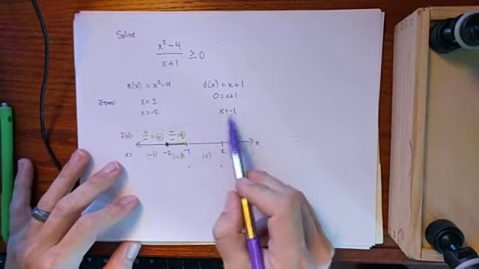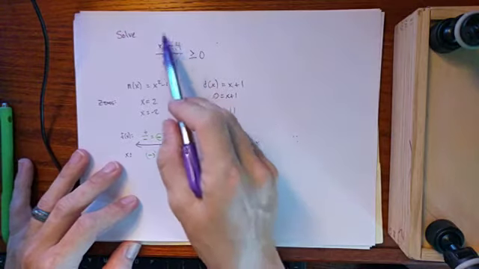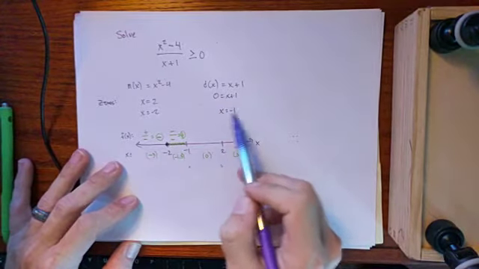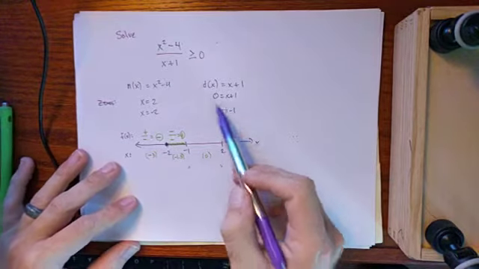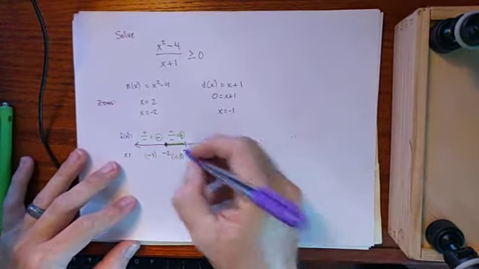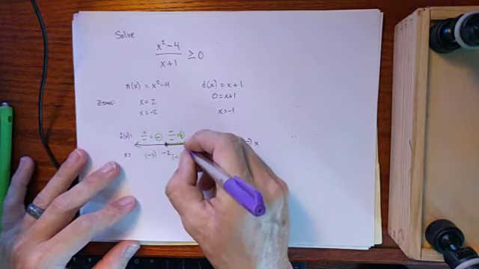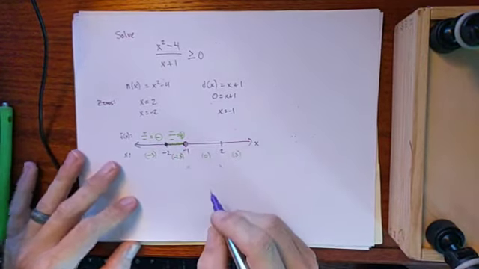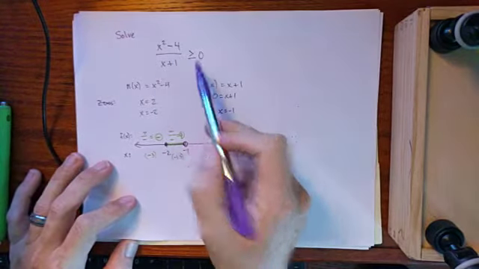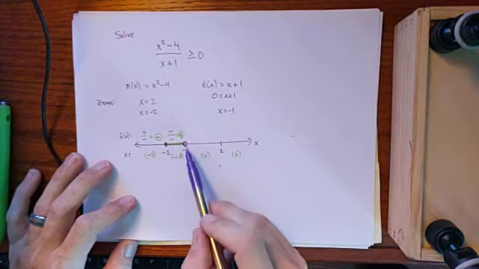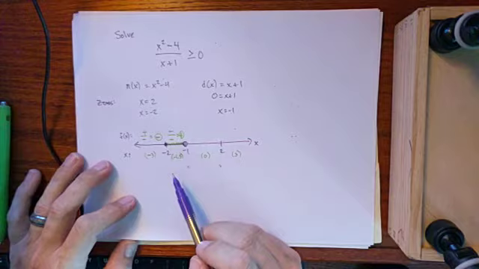But if I put negative 1 in the place of x, remember, this number's 0 of only the denominator, so this is a vertical asymptote, which makes the function undefined, right? So I can't put negative 1 in the place of x. And even if I could, it's not going to make this fraction equal 0. It makes it undefined. So don't use negative 1, okay?